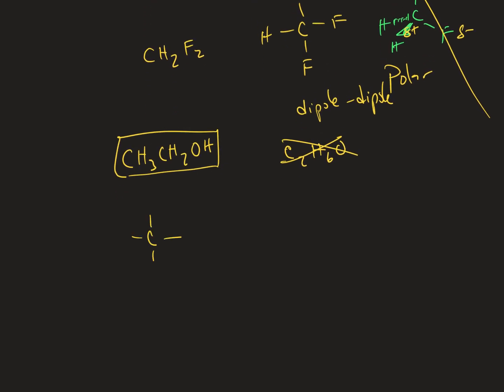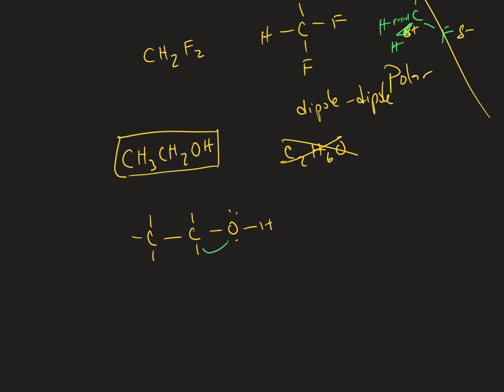We got the 3 hydrogens there, 2 hydrogens there, oxygen and a hydrogen. So that's the structure. I didn't draw the hydrogens, but you follow? Okay. So let's see. These are going to be nonpolar, right? All carbon hydrogens, they're nonpolar.